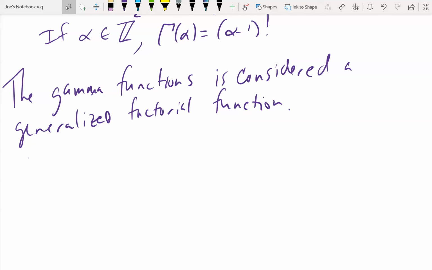It'll take me longer than 10 minutes to do it. But you can talk about doing things like what's 1/2 factorial using this particular function. And it turns out that 1/2 factorial is related to the square root of pi. It's kind of fun. We'll show how that works. I promise, we'll show how that works.